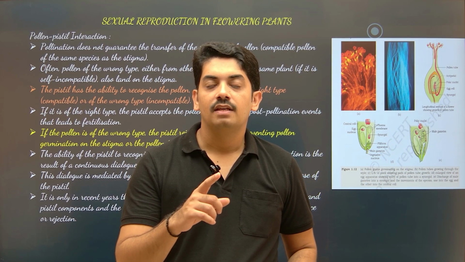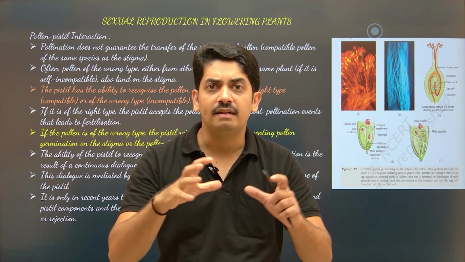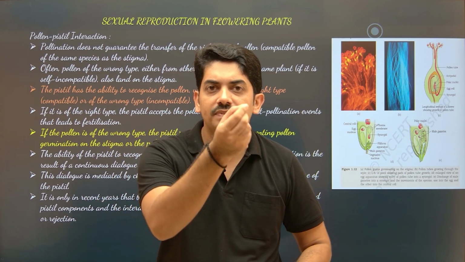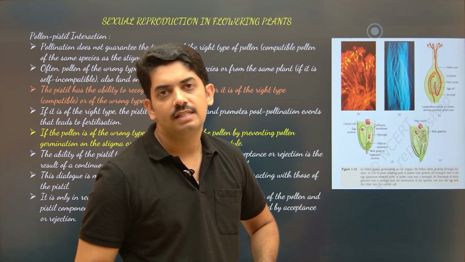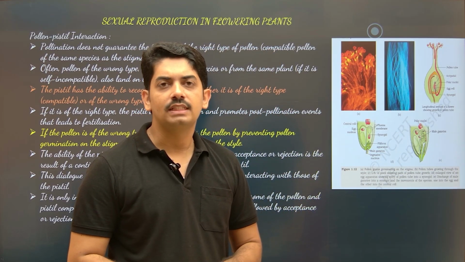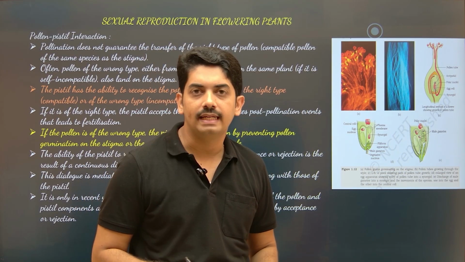What you can see on the surface of the stigma are a lot of hair-like structures and hundreds of pollen grains. Some of them have germinated, and pollen tubes are clearly observed in the style. So this is how we can observe the germination of pollen grains on the stigmatic surface.